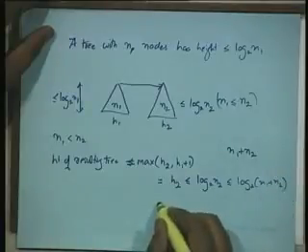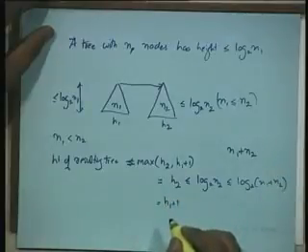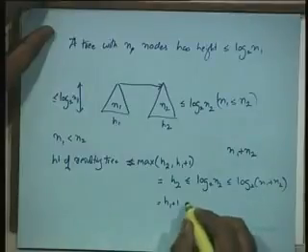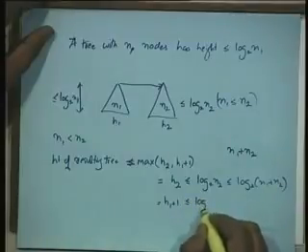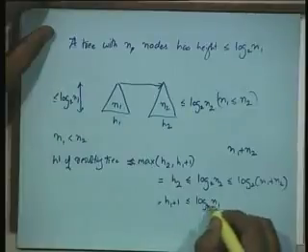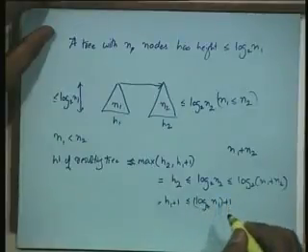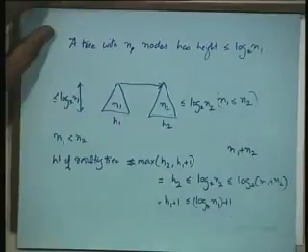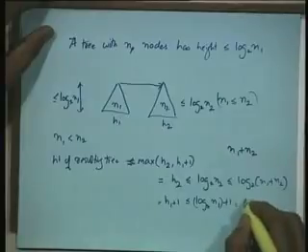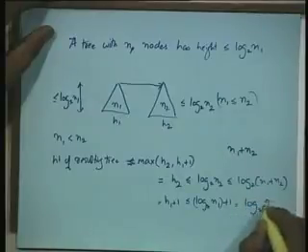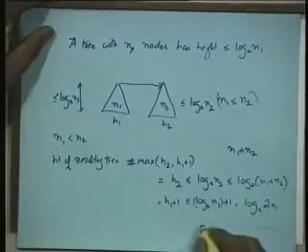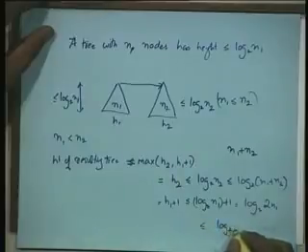The other possibility is this quantity equals h1 plus 1, which is less than or equal to log of n1 plus 1, which is equal to log of 2 times n1, which is less than or equal to log of n1 plus n2.